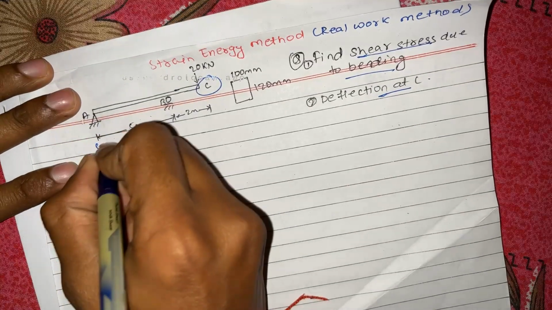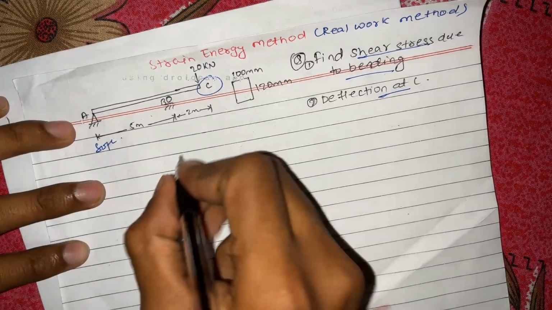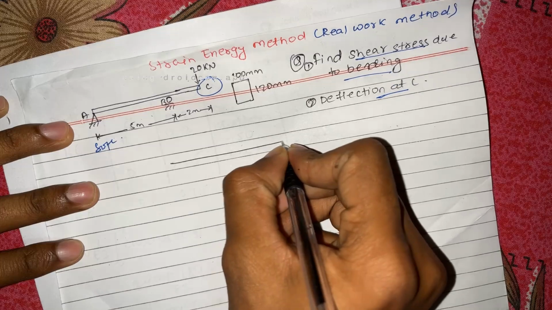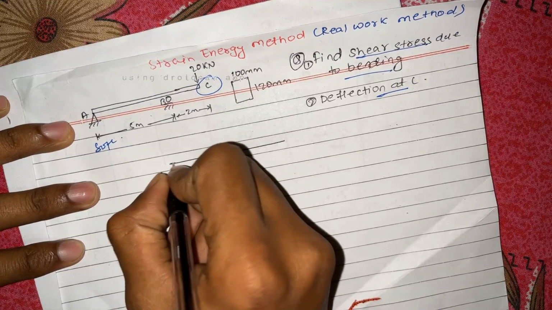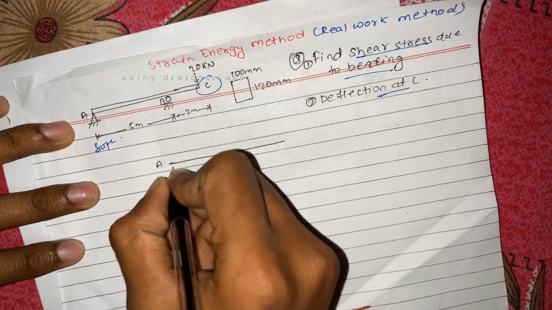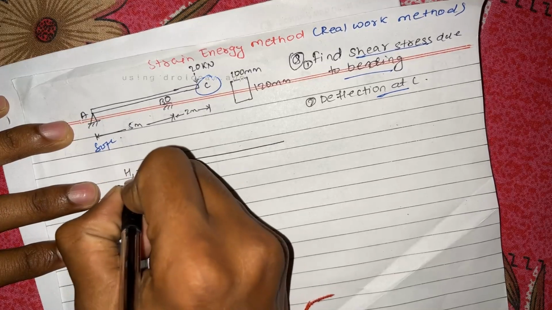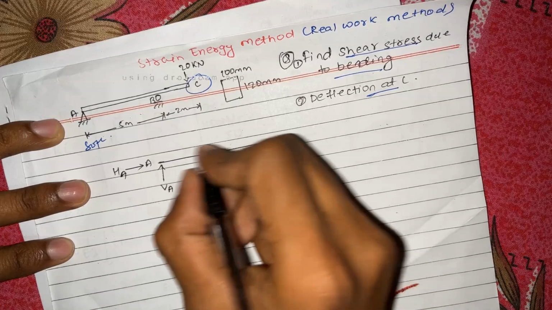At first we will draw a free body diagram of this beam. So let's draw it. We have A here, so we have a vertical force and a horizontal force, and we have a roller support.